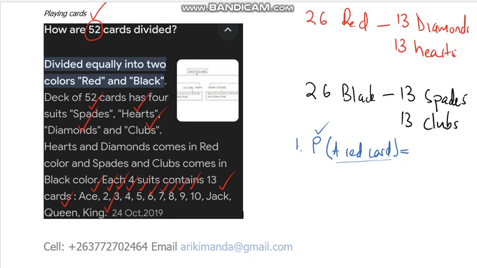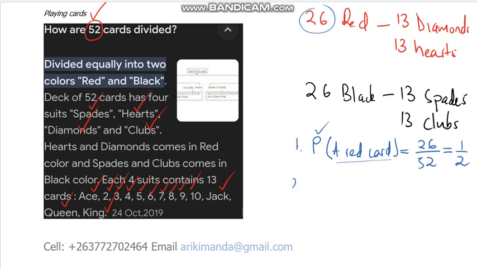P means probability. The question that you are simply asking yourself is, how many cards are red in these 52? Like we said, 26 of them are red. So the probability will be 26 cards which are red over the total number of cards in this deck, which is 52. Reduced to its lowest terms, 26 over 52 becomes 1 over 2. This is the answer.